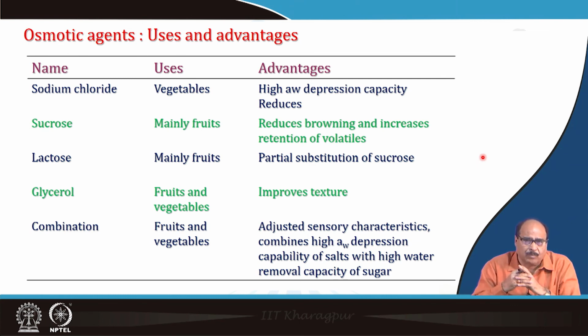Glycerol can be used for both fruits and vegetables, and it improves texture. Even a combination of osmotic agents can be used depending upon the type of fruits and vegetables, adjusted according to the sensory characteristics. It combines the high water activity depression capability of the salts with the high water removal capacity of the sugar, and so on.